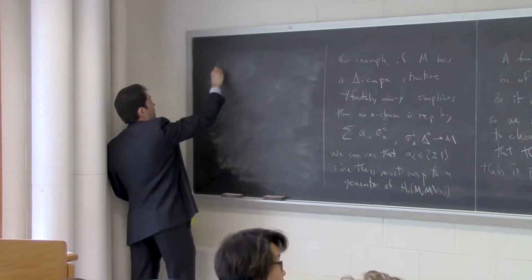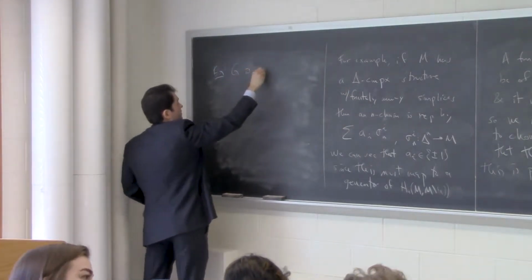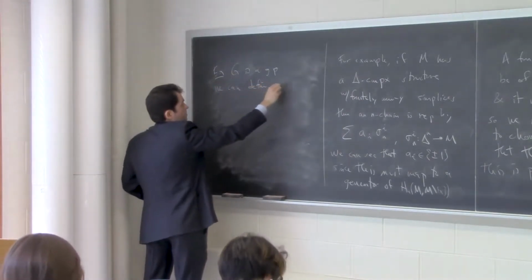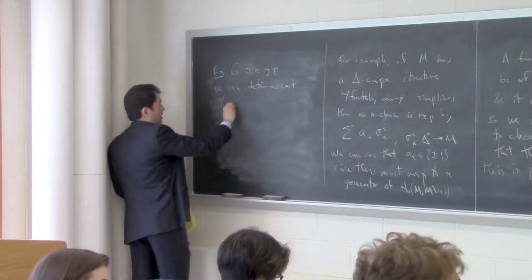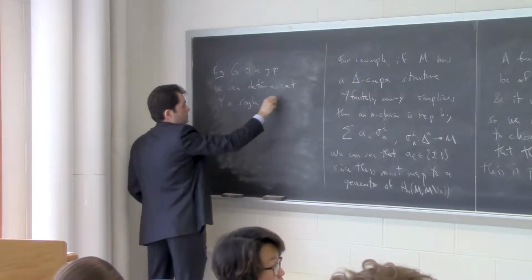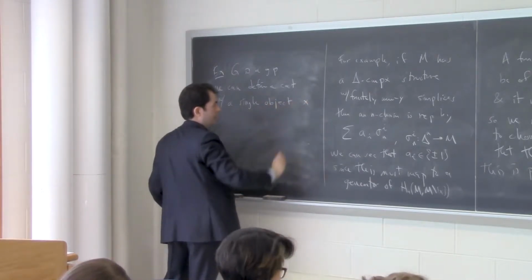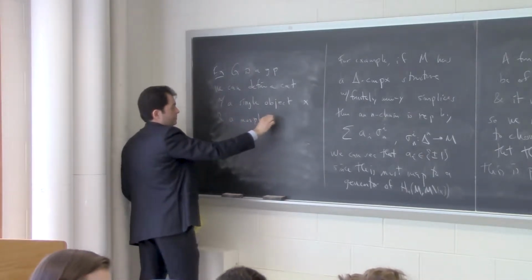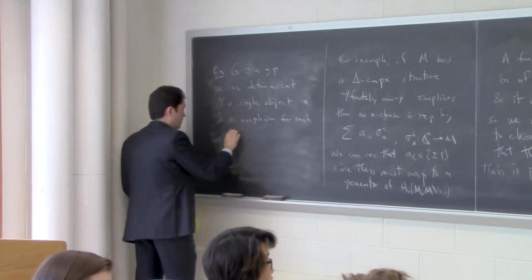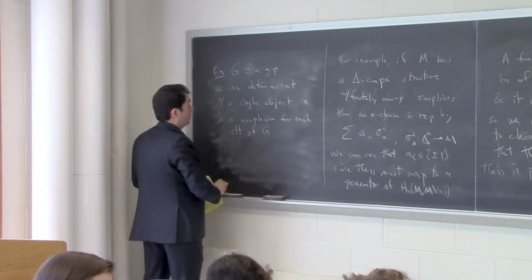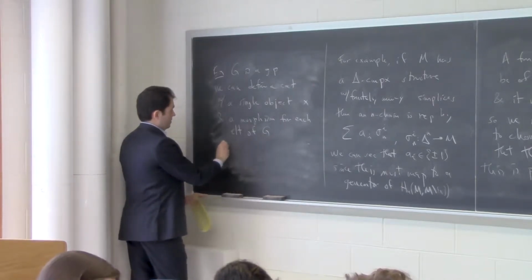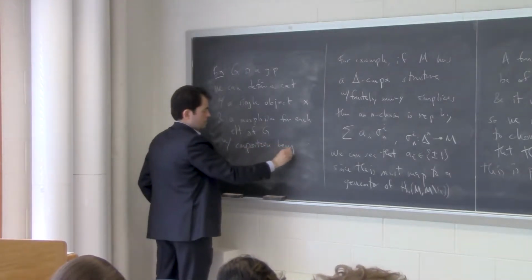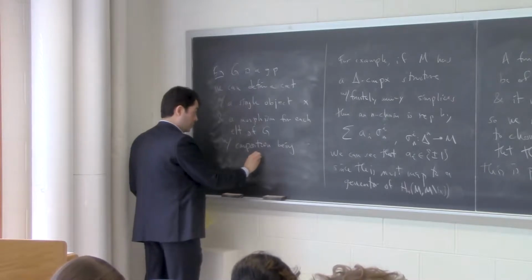You can have, for example, if G is a group, then we can define a category with a single object, call it X, and a morphism for each element of the group, with composition being just the group operation.